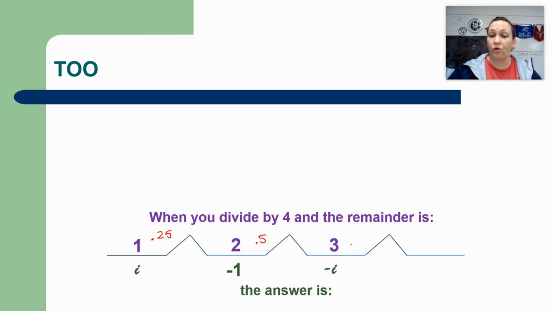And 3/4 is the decimal 0.75. And finally, when you divide by 4 and the remainder is 0, there is no remainder. That means you got a whole number answer. Then the answer is 1. So this would be a whole number if you're using your calculator.